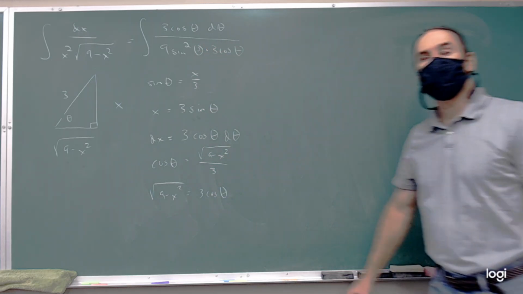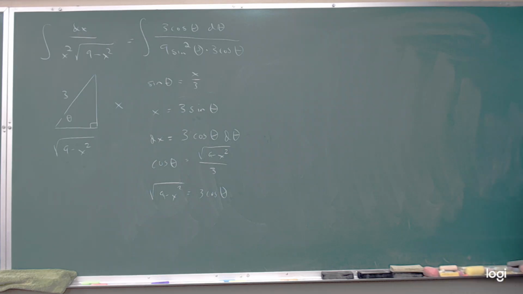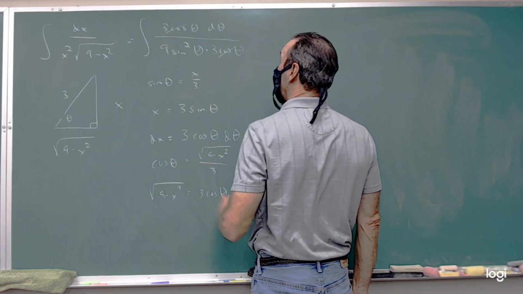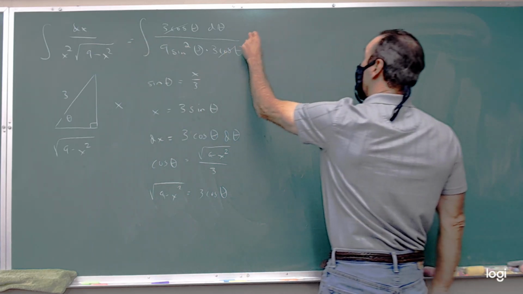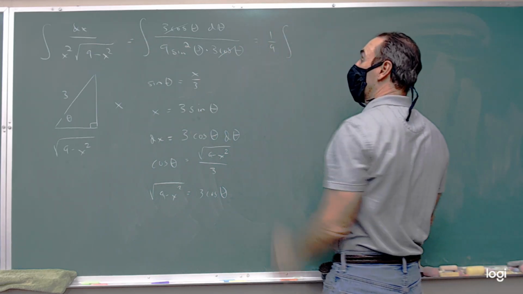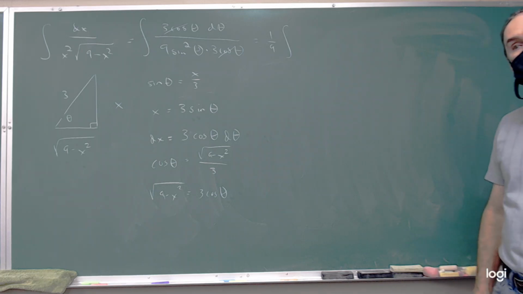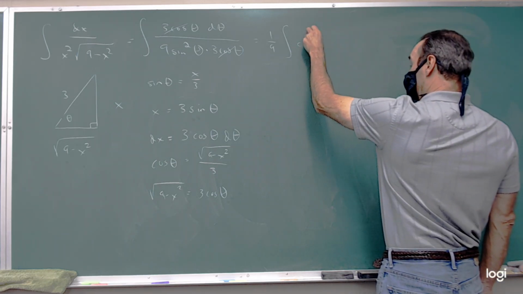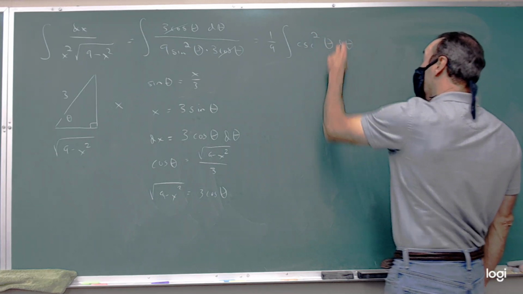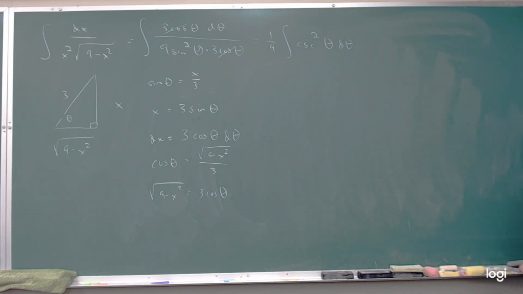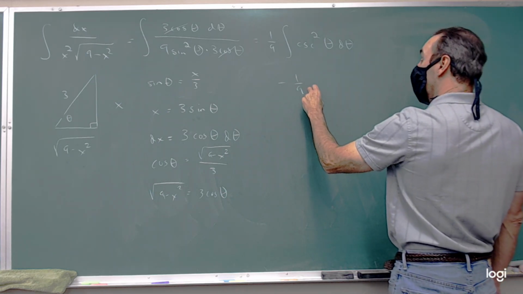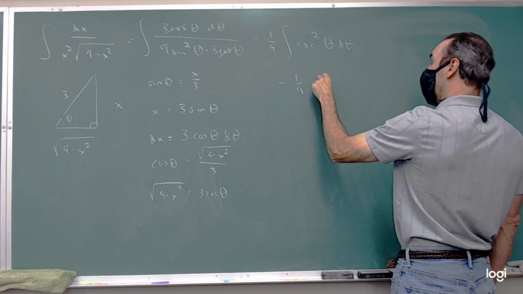And there's our new integral. The 3 cosine theta cancels, and that comes out as 1/9. And we're going to think of 1 over sine squared as cosecant squared, which is going to be a negative cotangent theta.